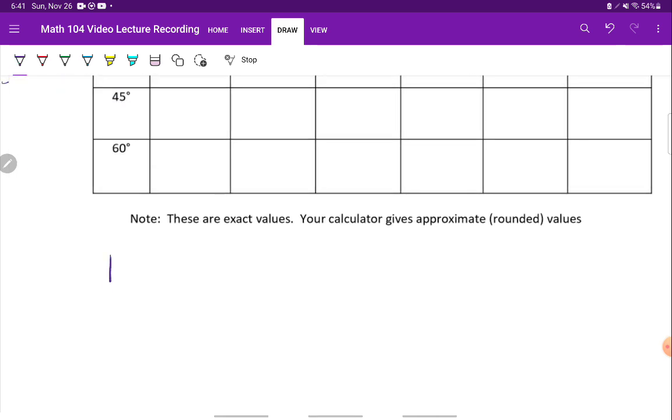I'm going to draw an angle at 30 degrees, and create a right triangle by dropping the perpendicular down to the x-axis.